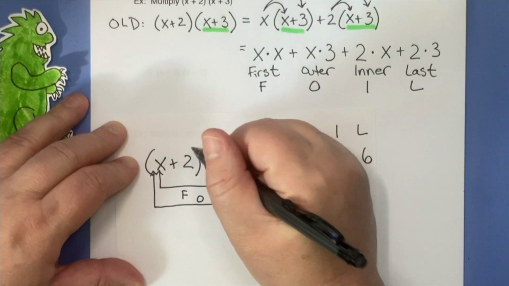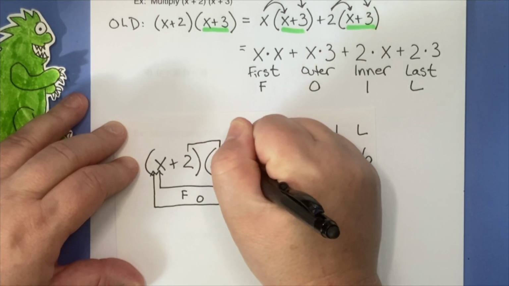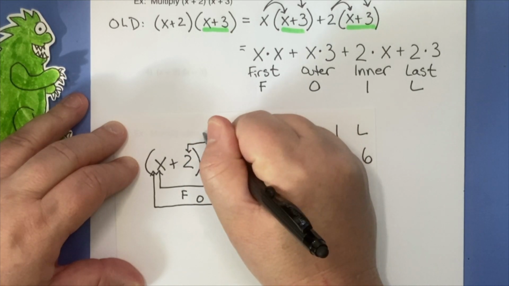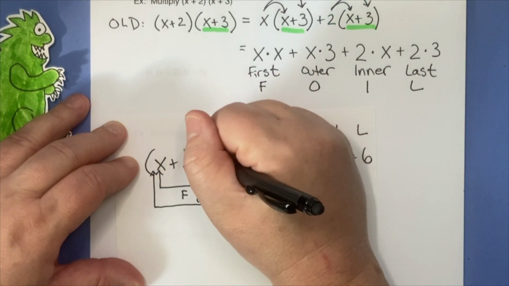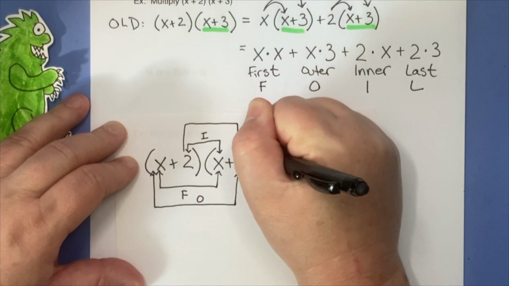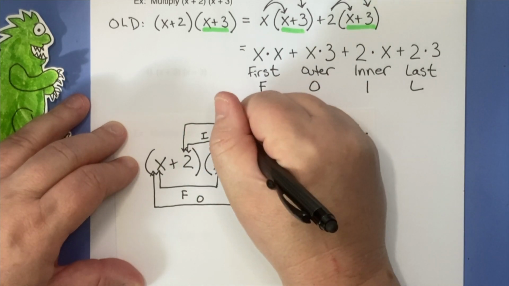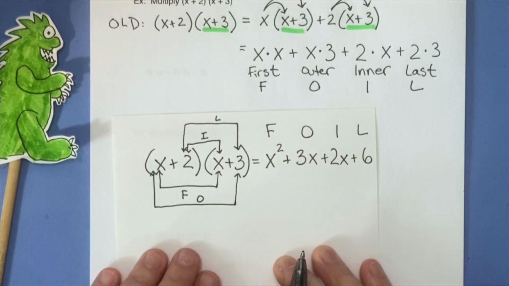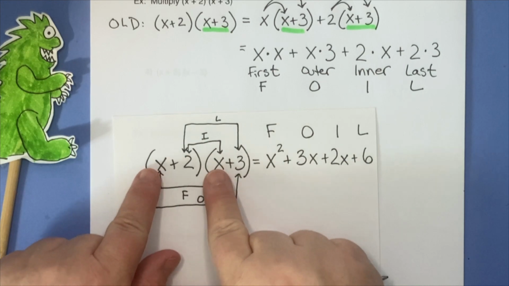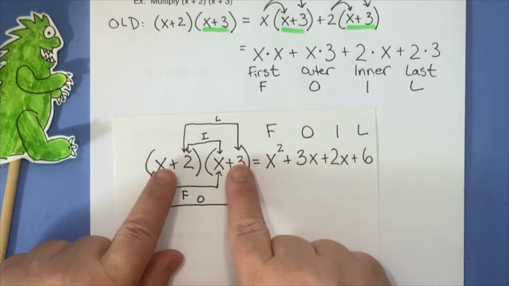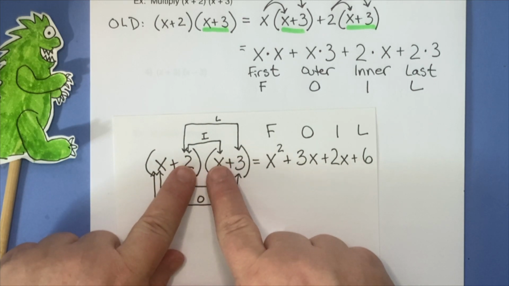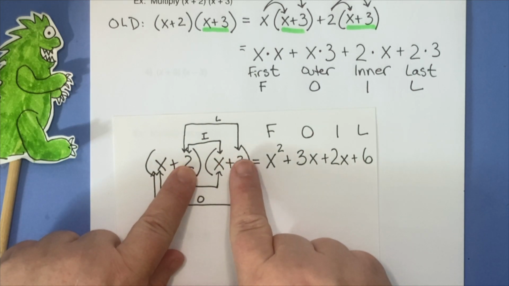And then this right here is the I, the 2 inners. And then the last one right here is the L for last. So we do these, the first 2, then this one times this one, which are the outside ones. Then we go to the inside ones, and then we go to the last.